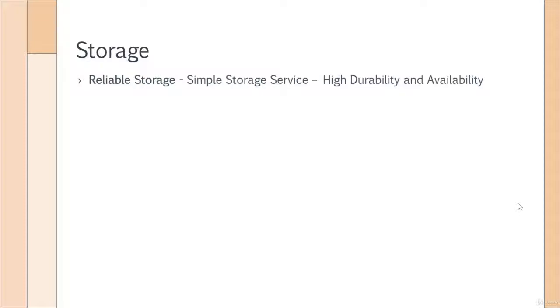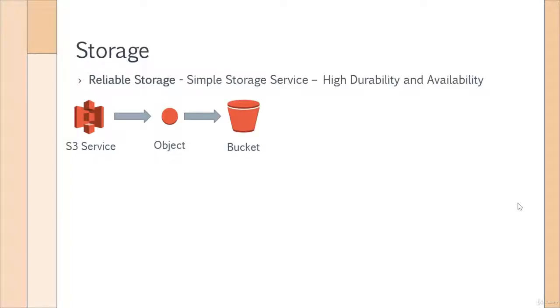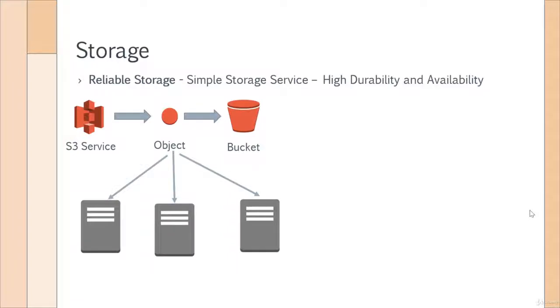So let's go to object level storage, which is the Simple Storage Service. When you map it to the first domain, which is resilient storage, remember that the Simple Storage Service has high durability and availability. How does it achieve this? When you use the S3 service to upload an object to a bucket, in the background it actually copies that same object onto multiple physical devices. Only when the copy is done to all physical devices, then you get a result saying that your object is securely stored.